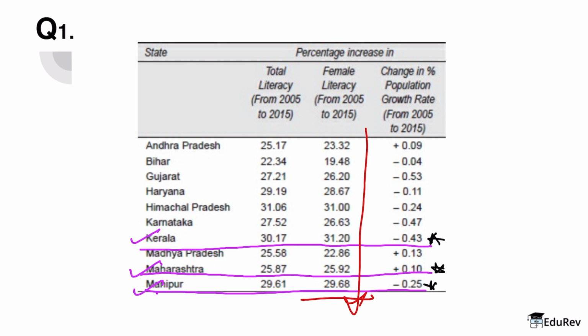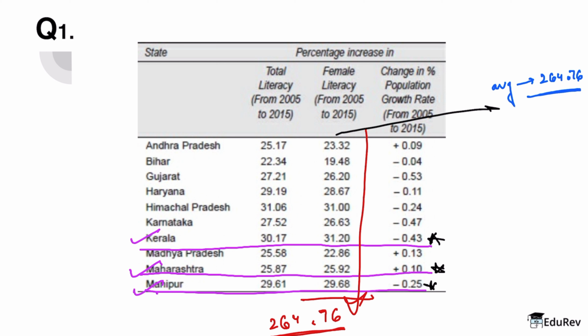If I add it all: 10, 17, 3, 6, 4, and so on, the total is 264.76. So the average is 264.76 upon 10, since there are 10 states, and the average is 26.476. So this is the average.